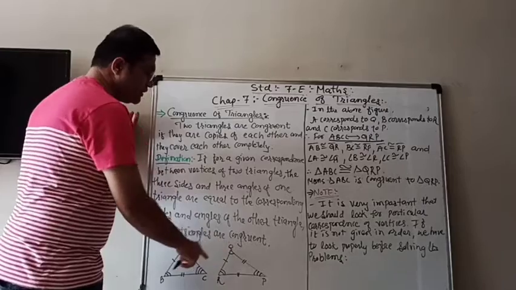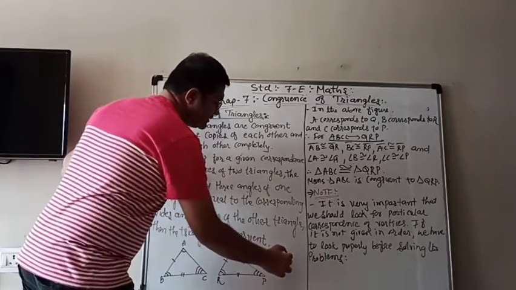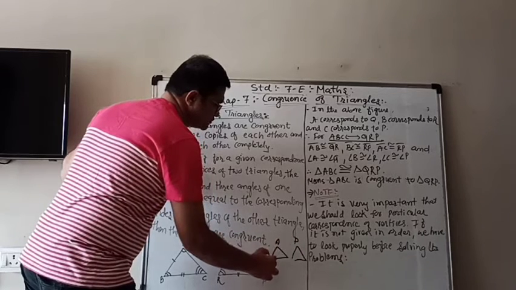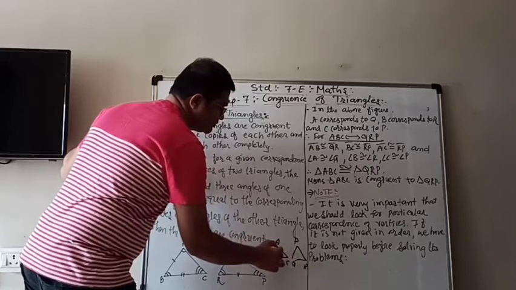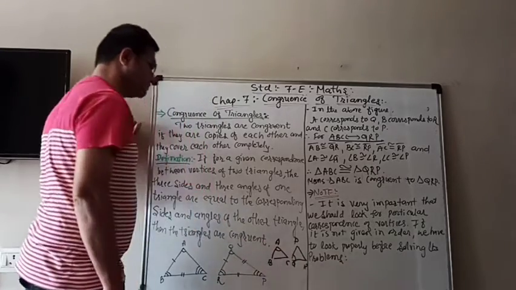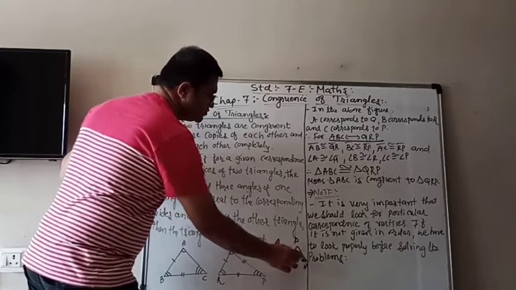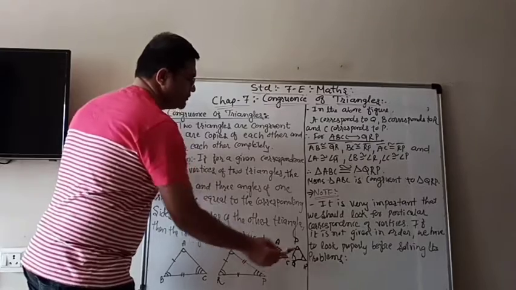Maybe it is not given like that. It can be given as triangle ABC and triangle PQR, but A and Q have the same measurement, B and R have the same, and C and P have the same measurement.